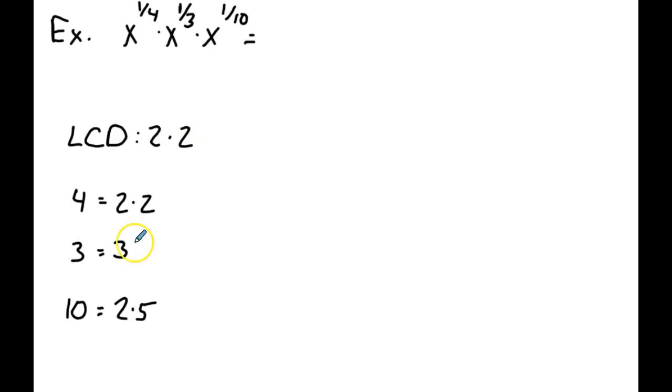Now we move on to the factor of 3. It occurs 0 times here, once here, 0 times here. So the most it occurs in any single number is once. So we need 1 factor of 3. Now we go to 5, it occurs 0, 0, once. Most it occurs in a single number is once. So we have 1 factor of 5. So now if we take 2 times 2, we get 4. 4 times 3, we get 12. And then 12 times 5, our least common denominator is going to be 60.